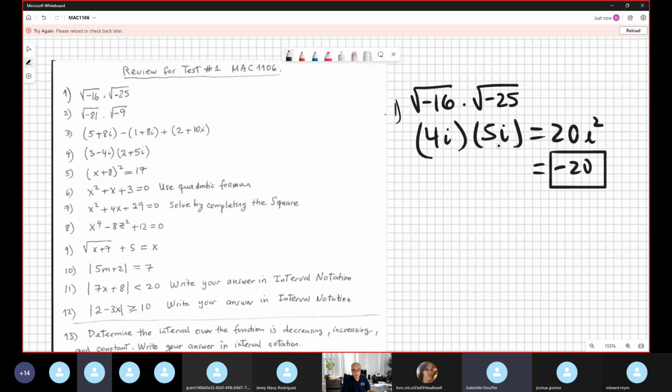Number two. Square root of negative 81 times square root of negative 9. This is 9i, and this is 3i. It's 27i squared. Yeah, I know that i squared is -1. i squared is a real number. It's -27.